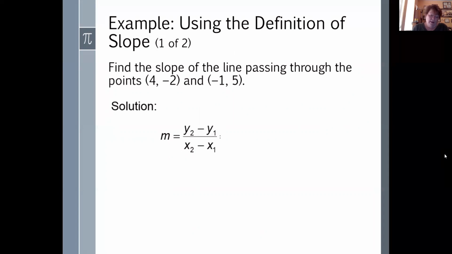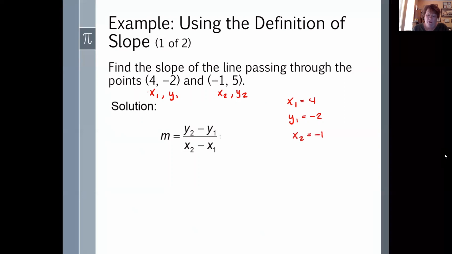So I'm going to let this point (4, -2) be my (x₁, y₁). So x₁ is 4, and y₁ is -2. And I'm going to label the second point as my (x₂, y₂). So x₂ is -1, and y₂ is 5.